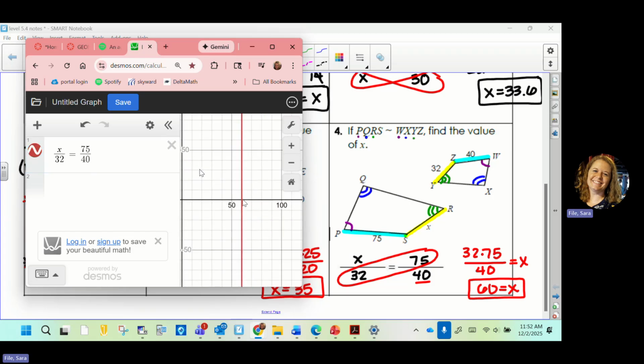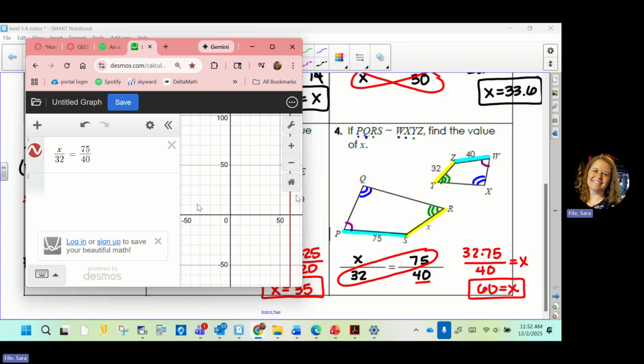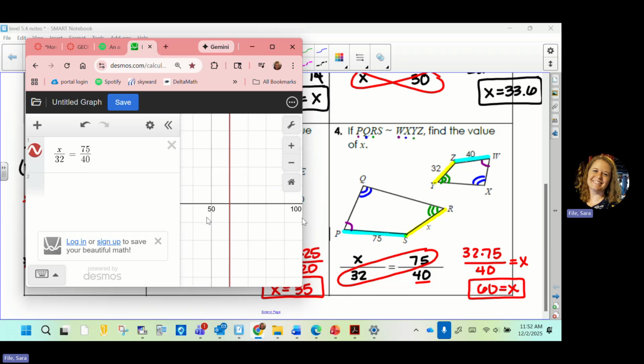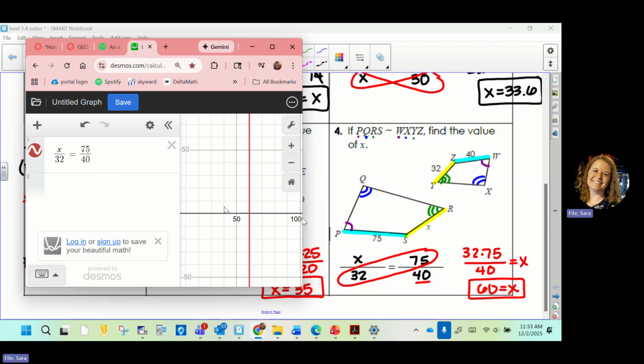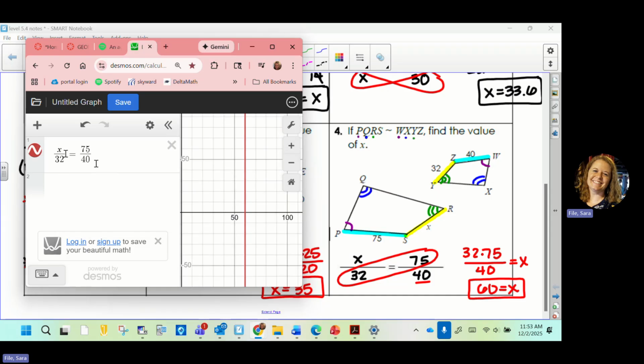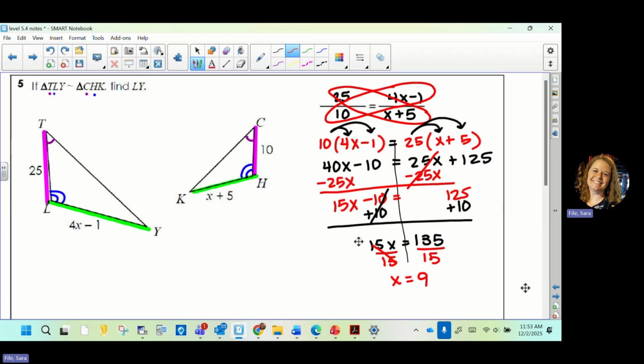It's at 60. 60 was the solution. So sometimes you have to zoom way out if you're getting a larger value. But logically thinking, we knew it had to be between 32 and 64, so that's where I would go look. So you can use Desmos and write out your proportion, and then it will give you a vertical line through the solution. So that's a strategy to use.